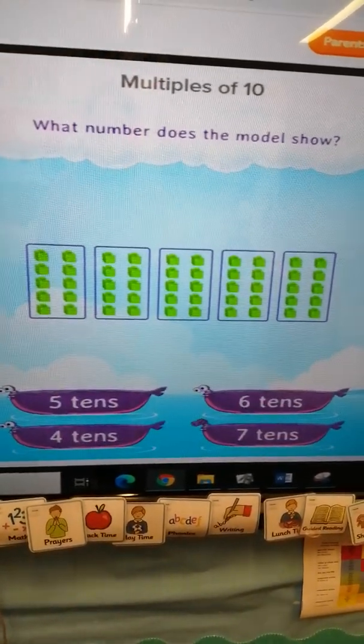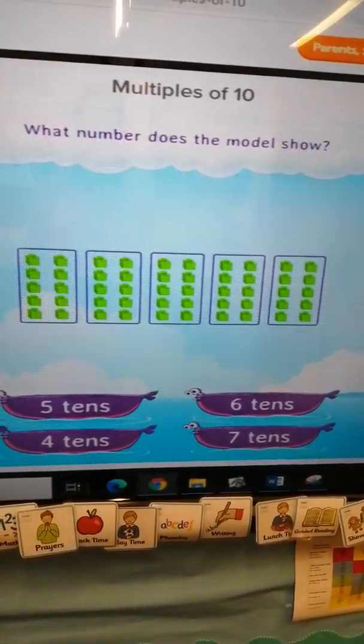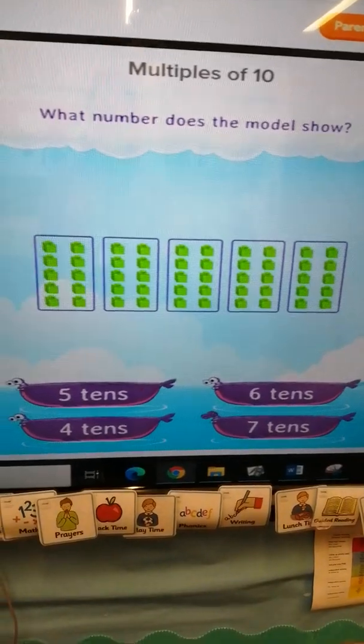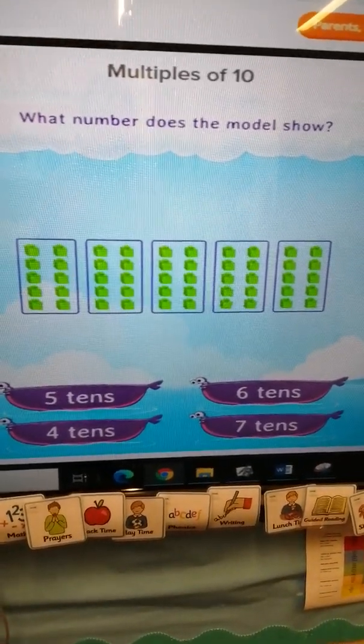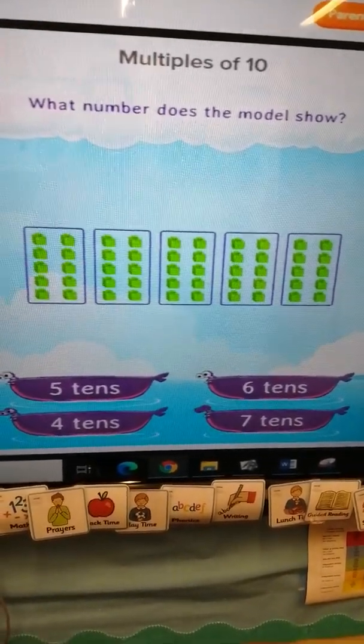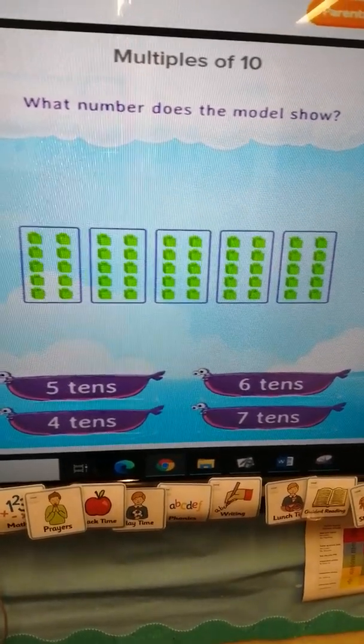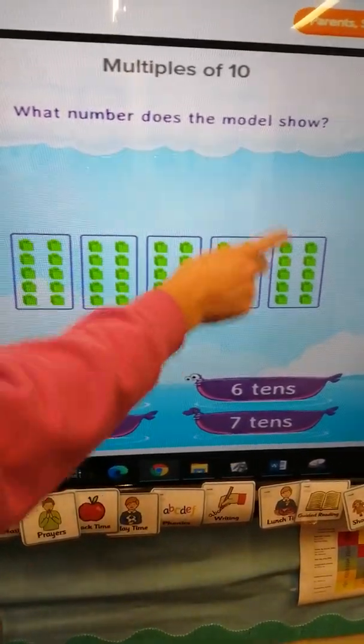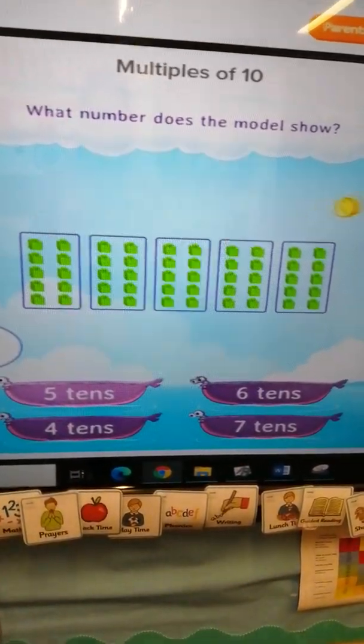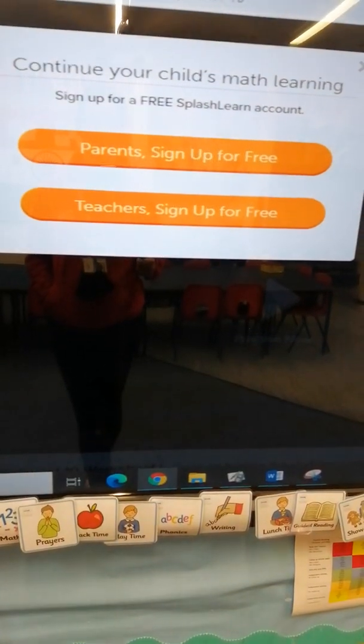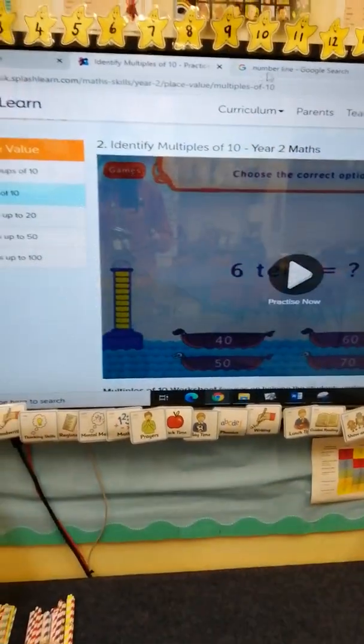What number does the model show? Oh, how many groups have we got here? That's right. We've got 5 groups of 10. 5 groups of 10 is 10, 20, 30, 40, 50. Good. Oh, I need to sign up for free. Right, okay. You can have a little play on that if you would like to.